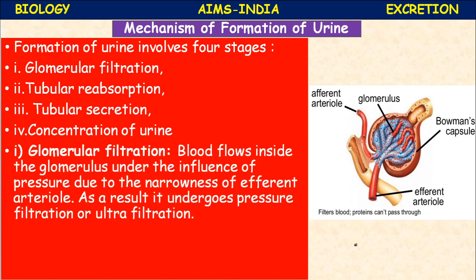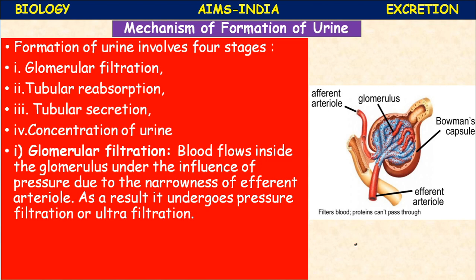So first one, glomerular filtration. What happens during glomerular filtration? So actually, what are the two main blood vessels which invade the kidney? Renal artery and renal vein.